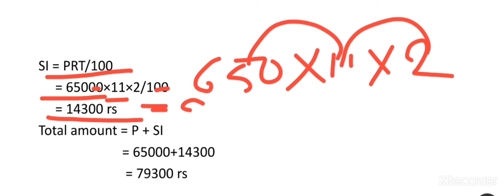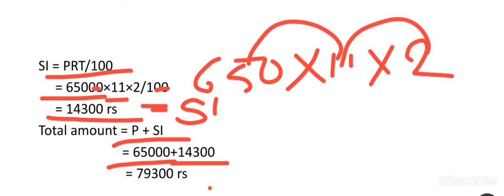It is the simple interest amount. Now we have to find the total amount. Total amount equals to P plus SI. Principal amount is 65,000 plus 14,300. 79,300 rupees is the total amount that Kavya will get after 2 years.